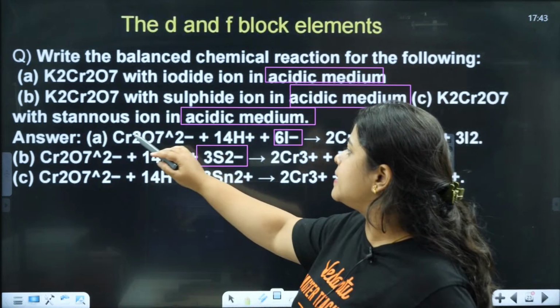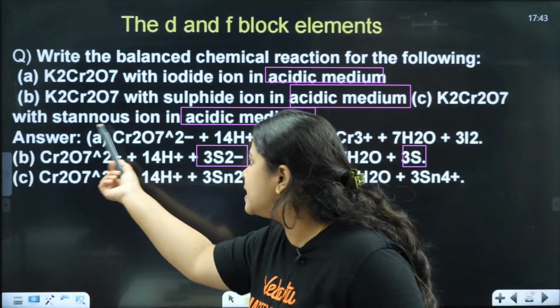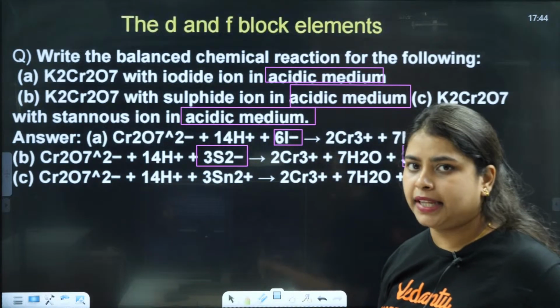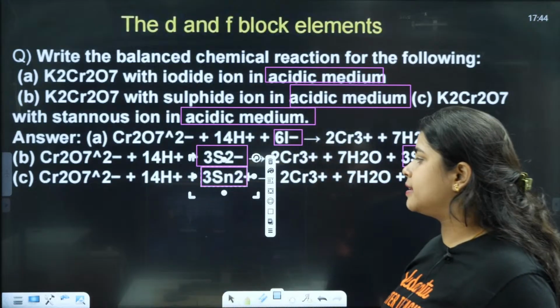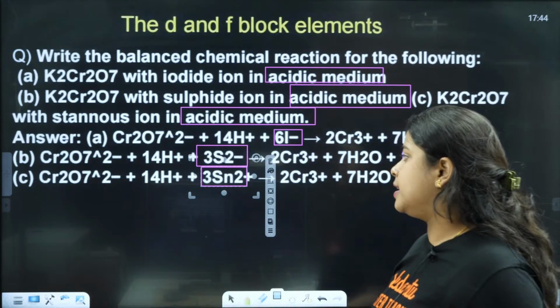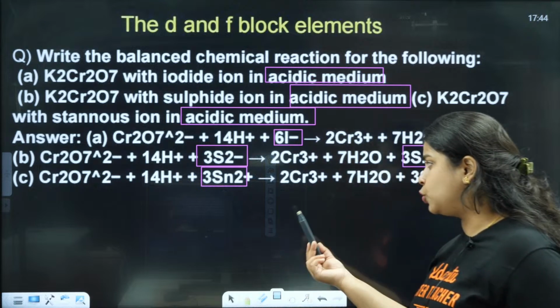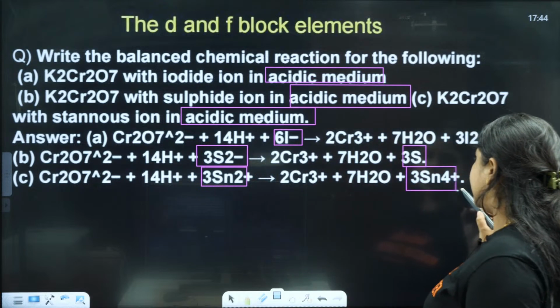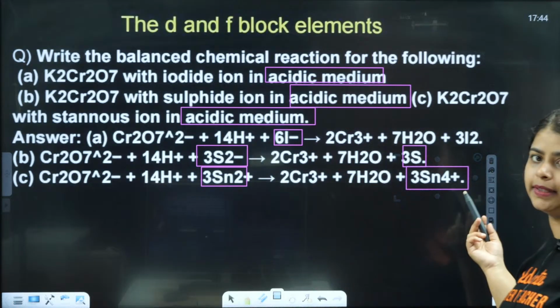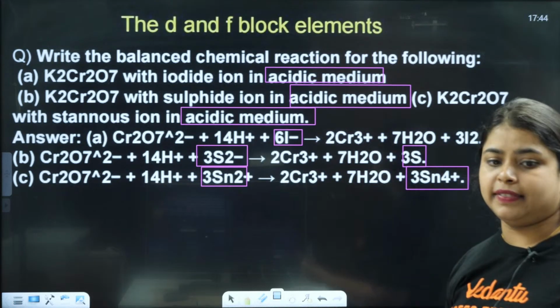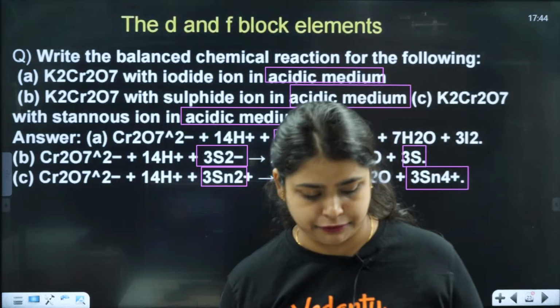Last one, the same K2Cr2O7 with stannous ion in acidic medium. When it reacts, we take 3Sn2+, so 3Sn4+ forms. Sn gives 2 electrons, so 2 electrons will be given to someone.